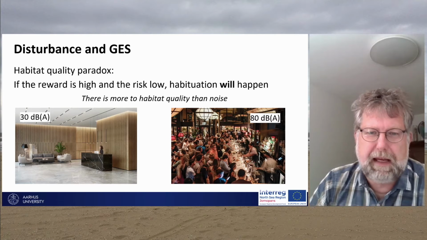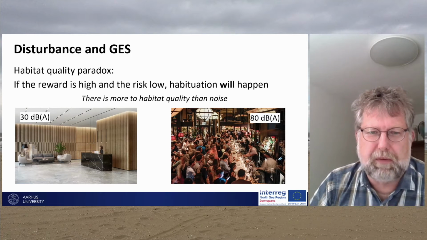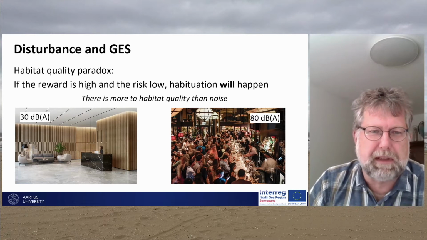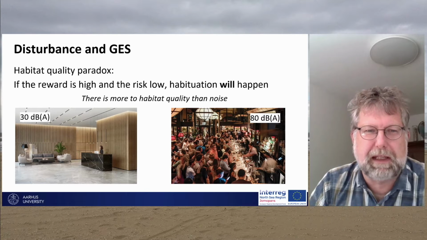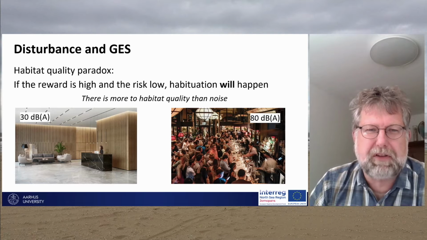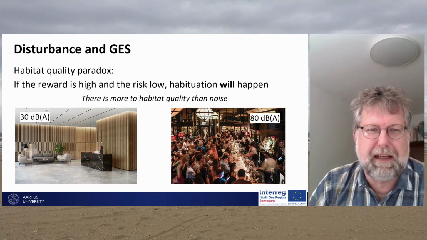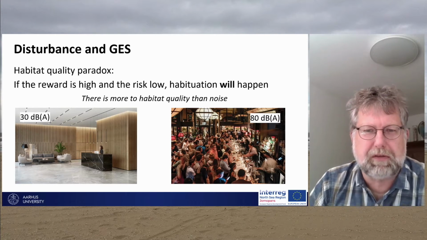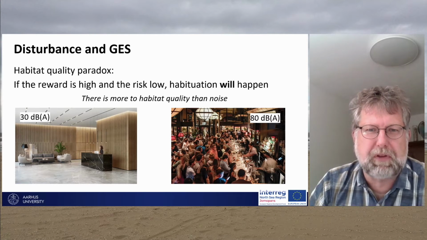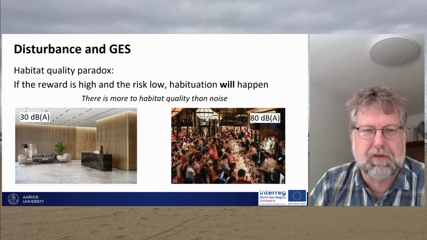Another issue with behavioral disturbance and displacement is what we can call the habitat quality paradox. There is more to habitat quality than just noise, and if it's a good habitat, if there's a lot of food or a lot of potential partners or shelter from predators or whatever, animals will habituate to the noise because there are other advantages to be there.